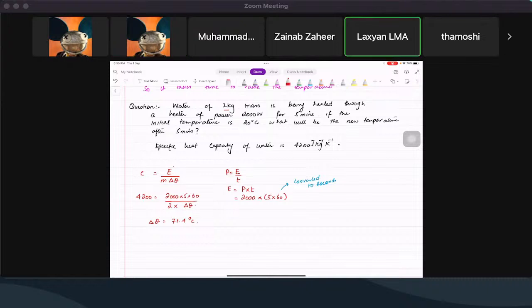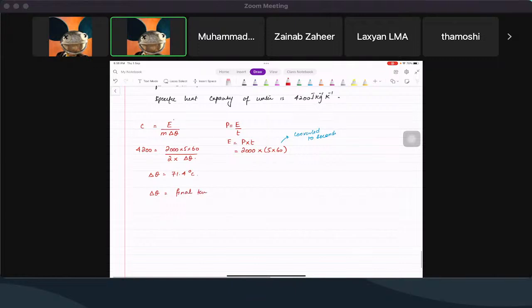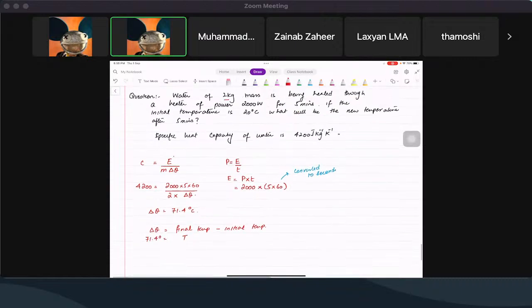Now check this out. When you find the change in temperature, of course you subtract the final temperature minus the initial temperature. The change in temperature was 71.4 degrees. The final temperature is asked in the question, what will be the new temperature, and the initial temperature says it is 20, so I'm going to add 20.